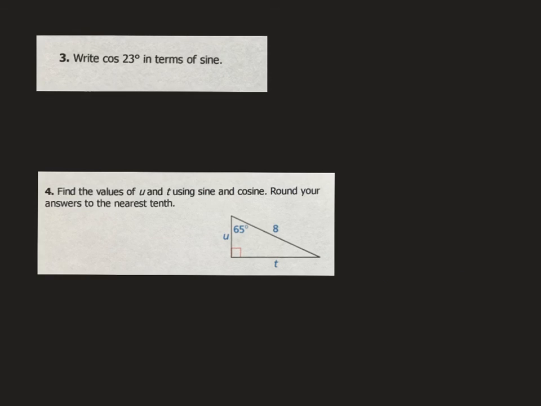Okay, so number 3 is that second concept I was telling you about, where you can use complementary angles to figure out an equivalent trig function with sine and cosine. So we want to turn cosine of 23 degrees into terms of sine. In order to do that, we're just going to remember that it all comes down to 90 degrees.